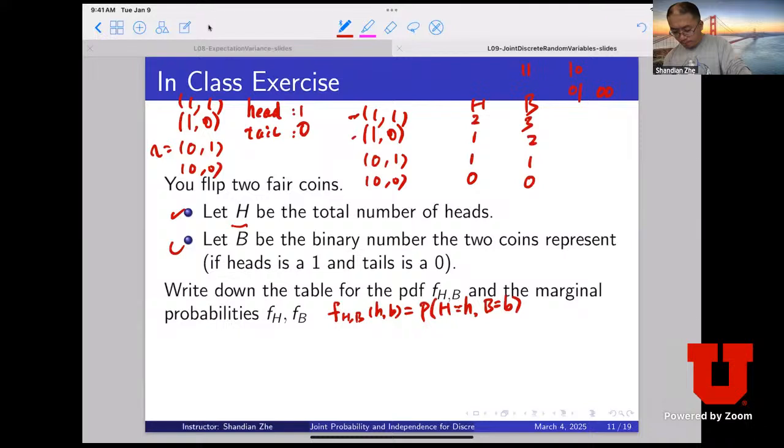So now let's fill the table, because this joint probability density is represented by a table.